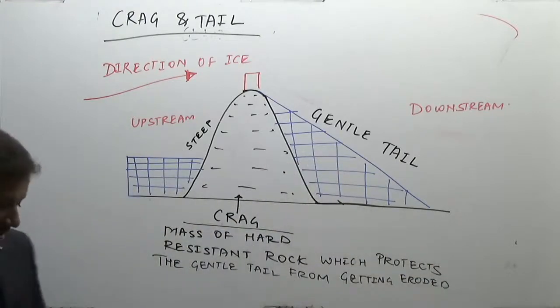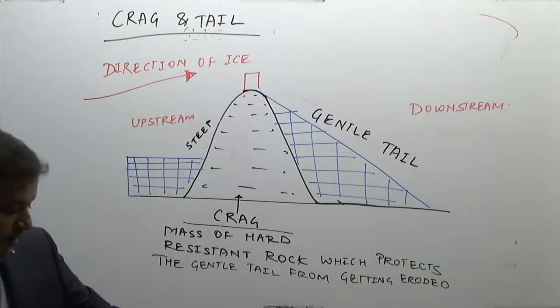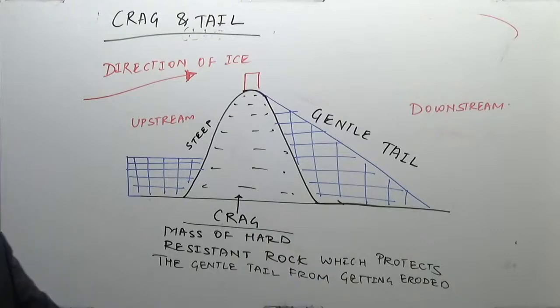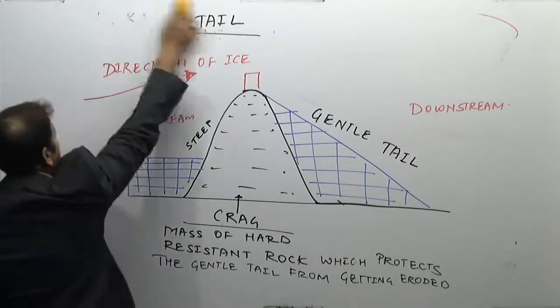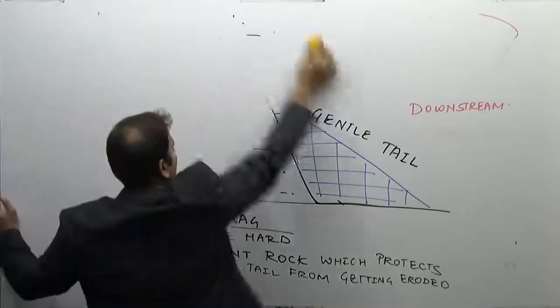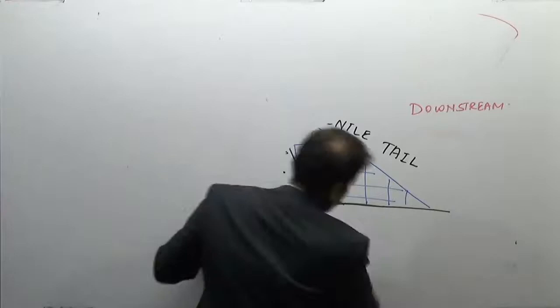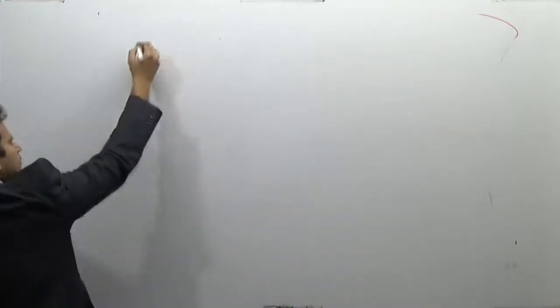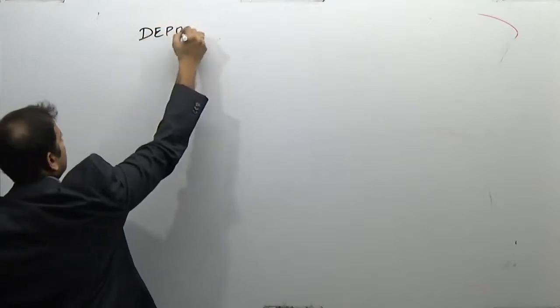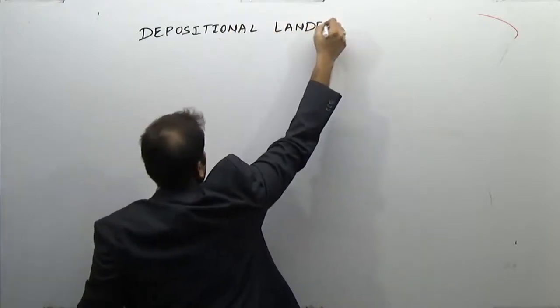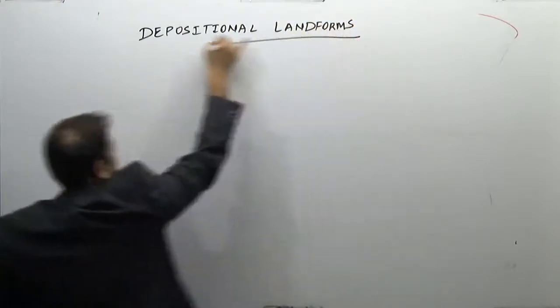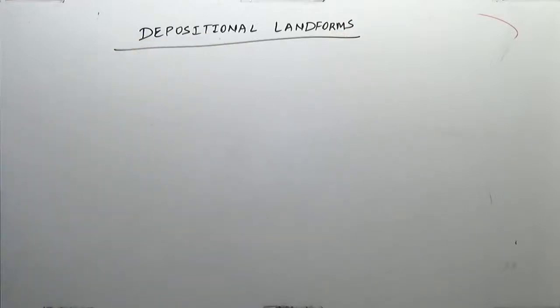So it protects the gentle tail from getting eroded away. Now the next kind of depositional landforms are the depositional landforms.